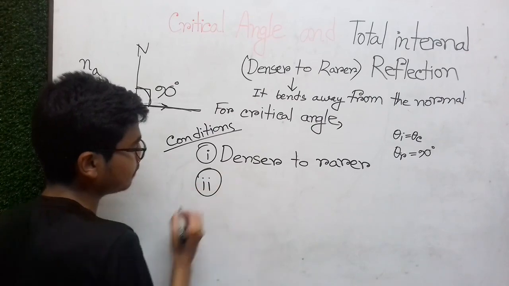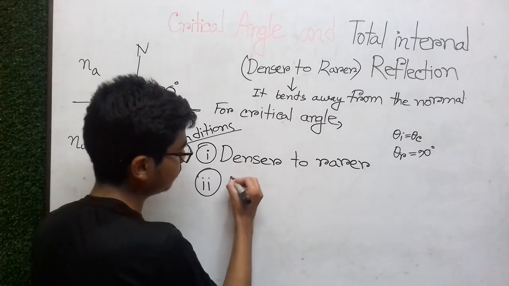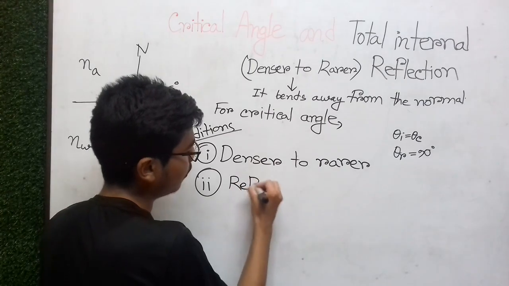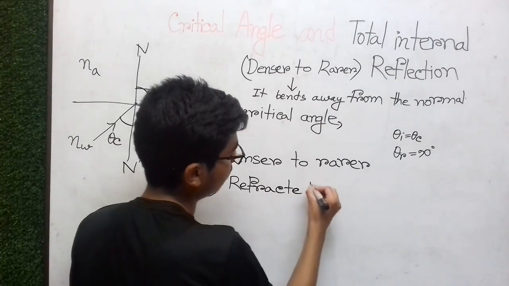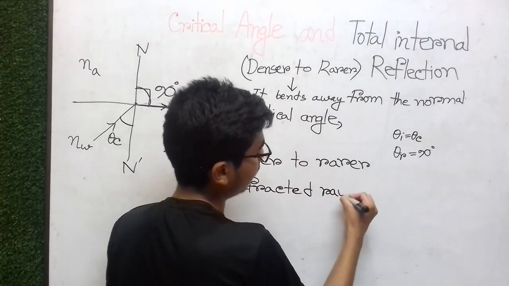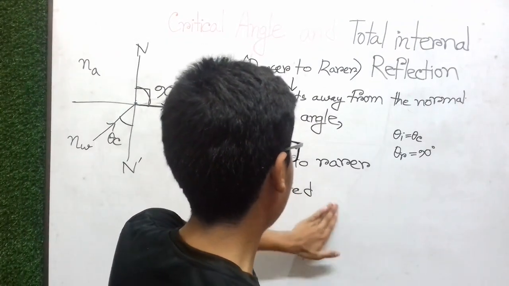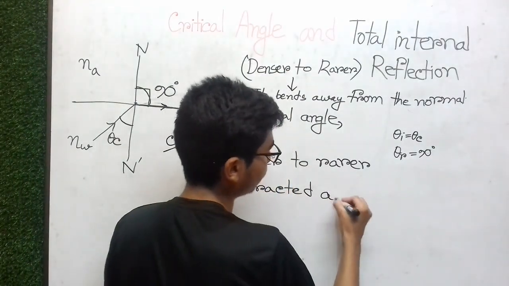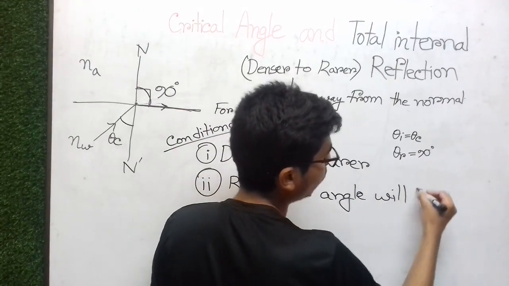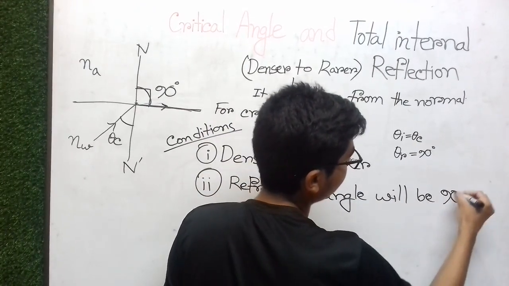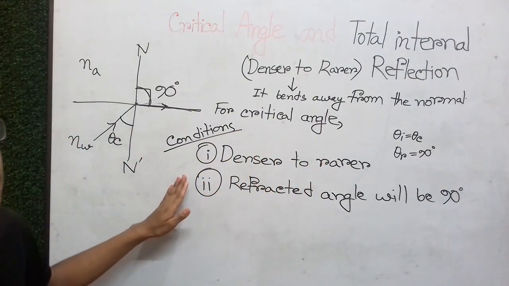And at that time the refracted ray, the refracted angle, will be 90 degrees.